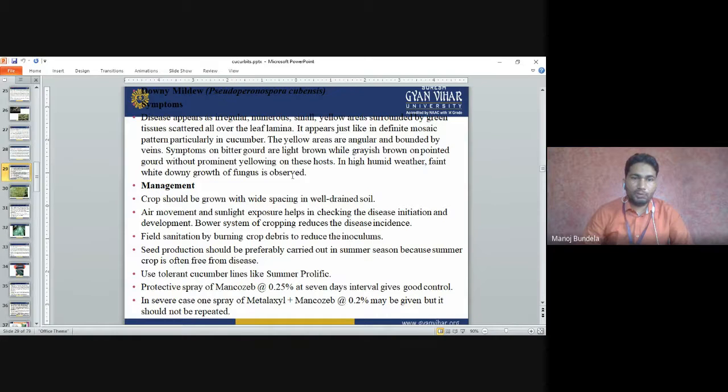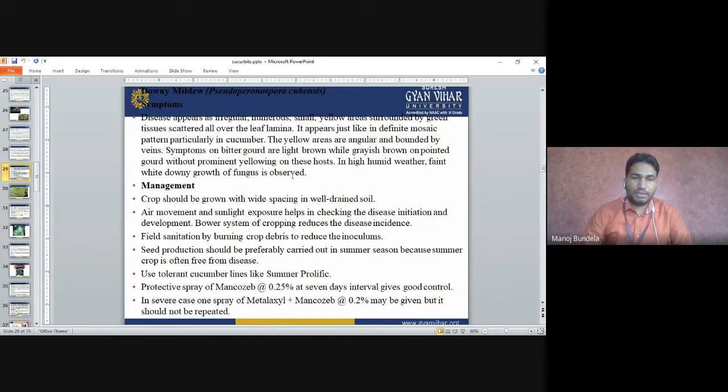Seed production should preferably be carried out in the summer season because the summer crop is often free from disease. So normally only in the summer season we go for seed production. Use tolerant cucumber lines like Summer Prolific. A protective spray of mancozeb 0.25% at 7 days interval gives good control.